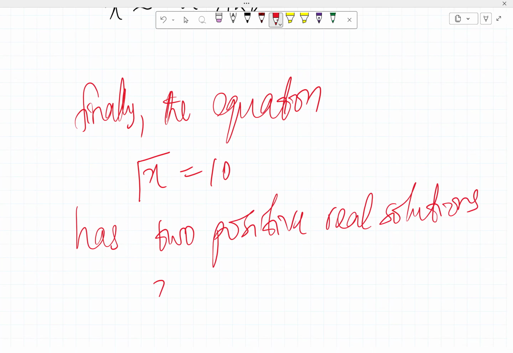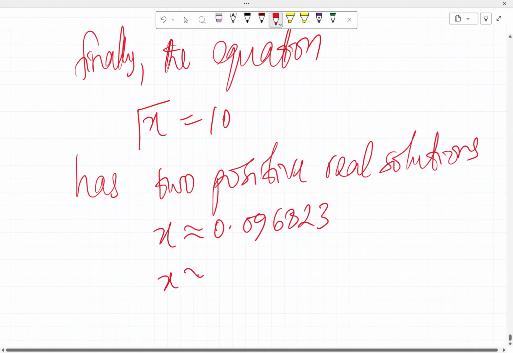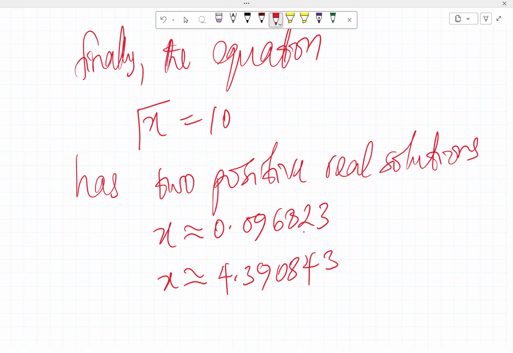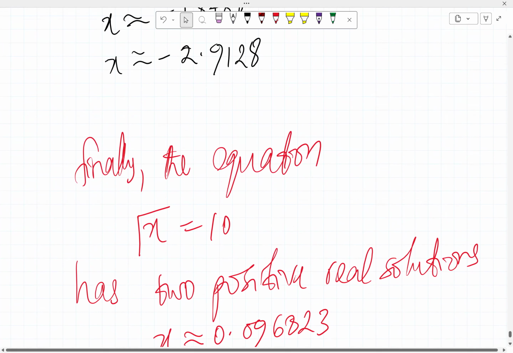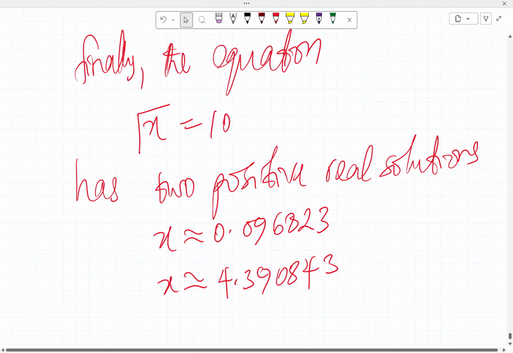That is, x is approximately 0.096823, and x is approximately 4.390843. So it has two positive real solutions. Very important.